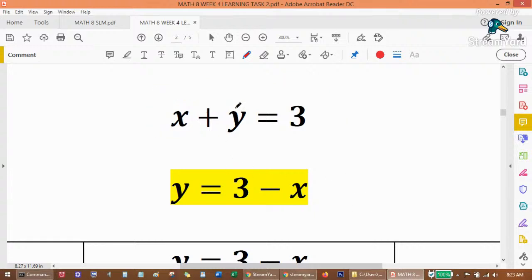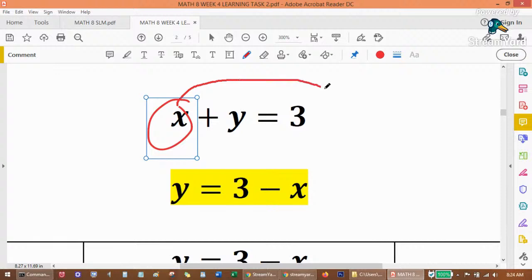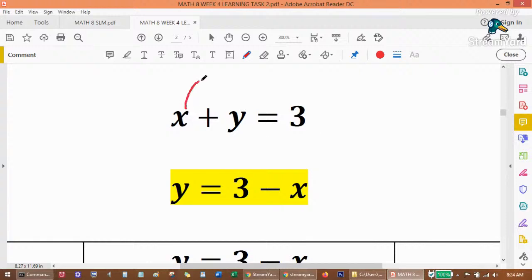So, magiging y is equal to 3, and then tong positive x, pag nilipat sa kabila, magiging negative x. Because tinranspose natin sa other side. Kumbaga, tumawid siya ng equal sign. Ito yung equal sign.